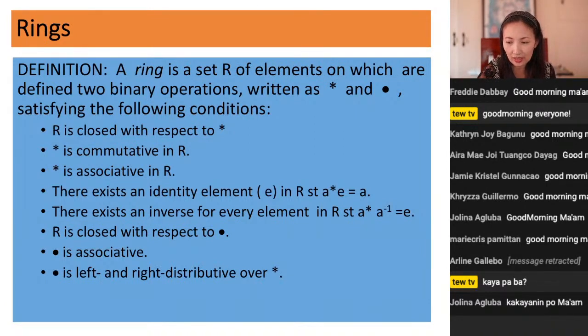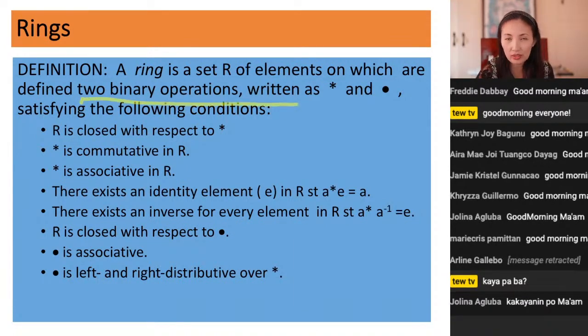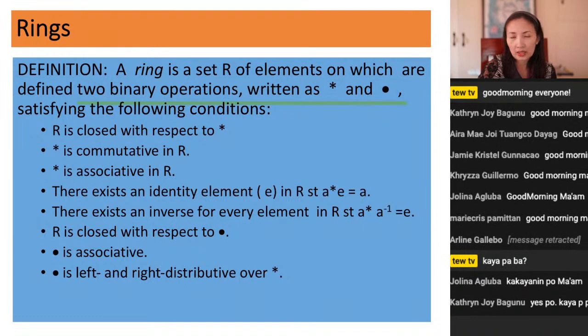So, that's the difference. Here we have two binary operations, star and circle, or asterisk and circle. These are just representations. They can be addition, multiplication. So, it's just a representation. Star and circle satisfying the following conditions.